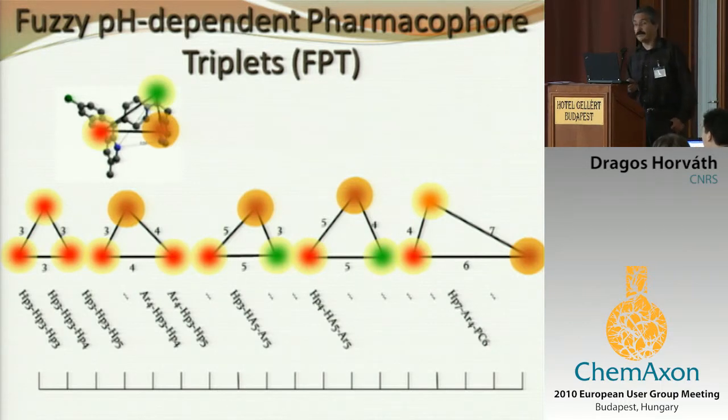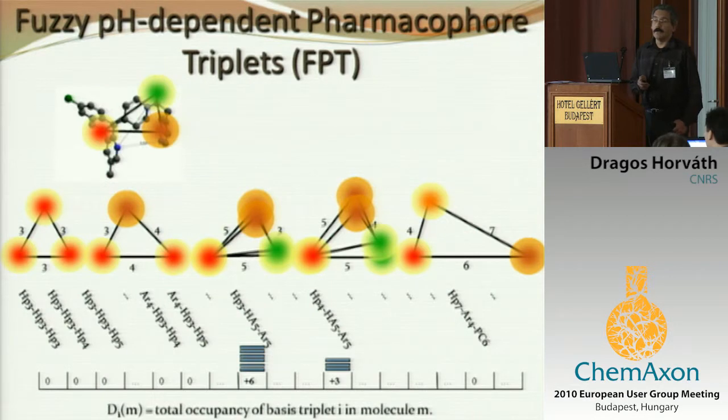Now, in the red corner of the boxing ring, you have an opposite approach, which is fuzzy descriptors, such as fuzzy pharmacophore triplets, where the idea is to look at feature triplets in the molecules and to fuzzily match them against a set of basis triplets and then count a similarity-weighted population level for each of these descriptors and build the fingerprint as a vector of integers or even of reals if you dare to.